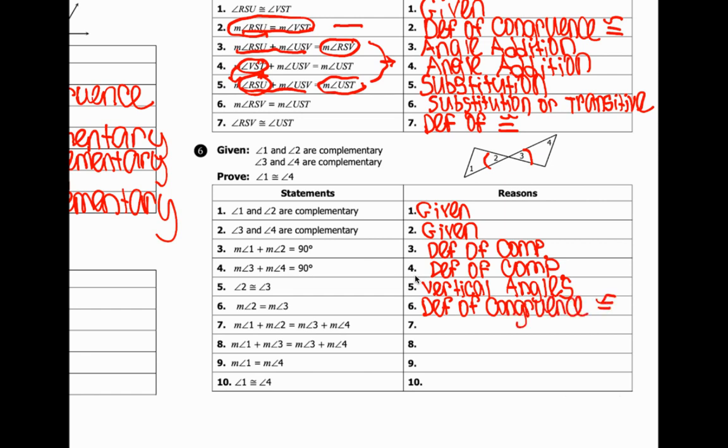Okay, so now they're saying 1 plus 2 equals 3 plus 4. So how they're getting that is we know 1 plus 2 is 90 and 3 plus 4 is 90. So that would be by substitution.